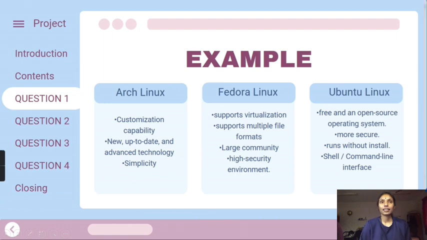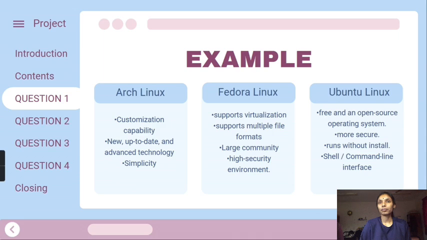Example, first, Arch Linux: customization capability, new, up-to-date, advanced technology, simplicity. The second example, Fedora Linux: supports virtualization, supports multiple file formats, large community, high security environment.